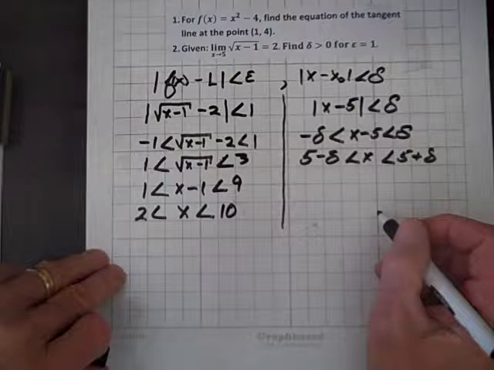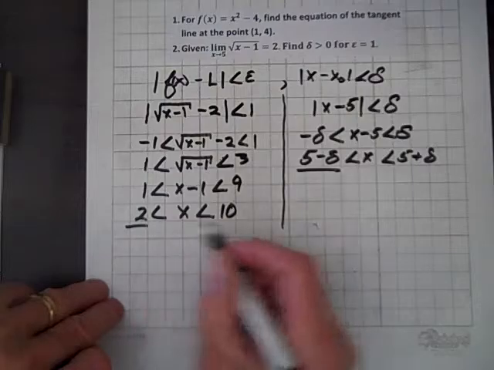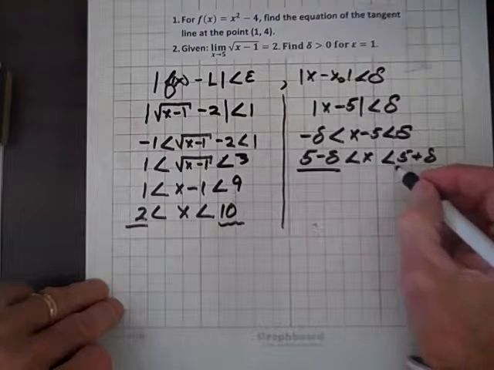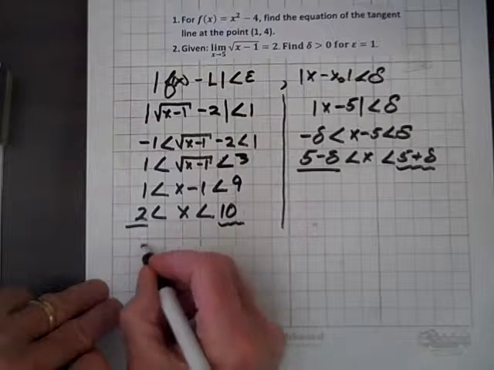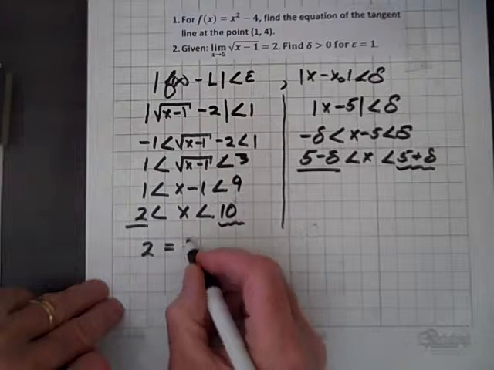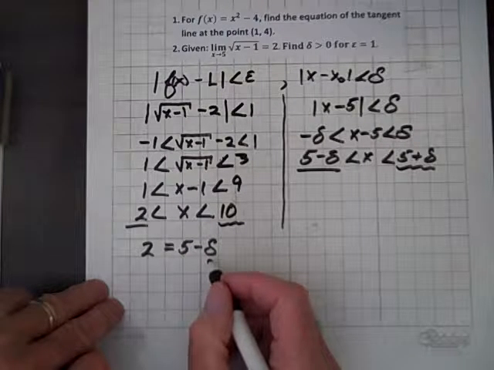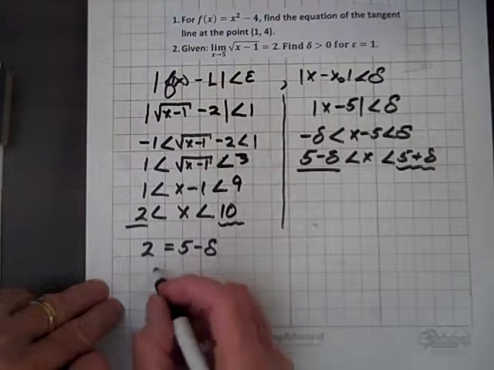Now, with that done, we can equate like positions or corresponding positions. So let's do that. 2 equals 5 minus delta. Let's add delta to both sides and subtract 2 from both sides.